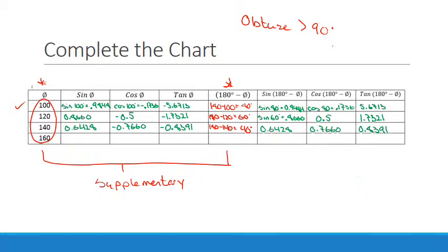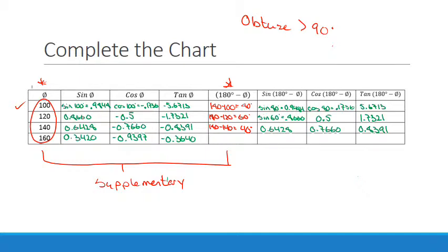And then finally, our final row here, sine 160. Oops, I deselected my pen here. 0.3420. Then negative 0.9397. And then negative 0.3640.